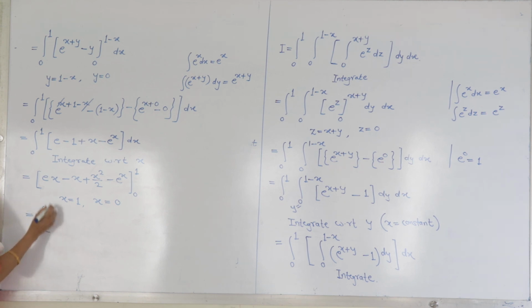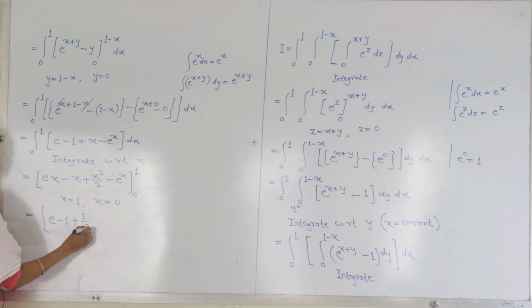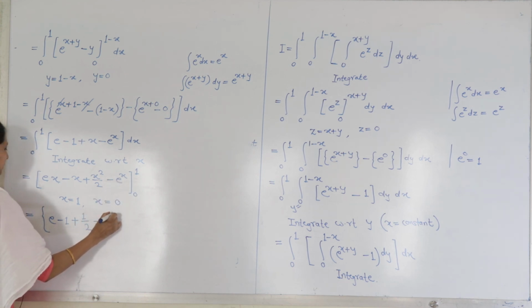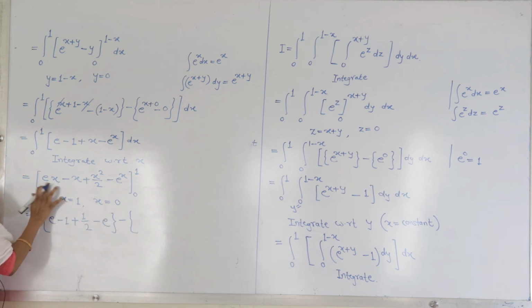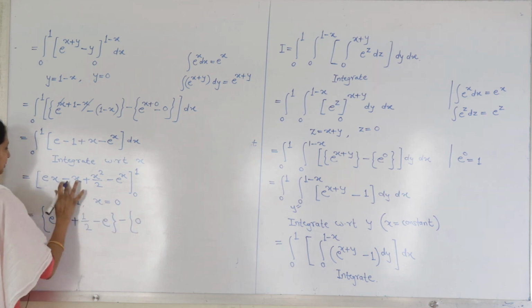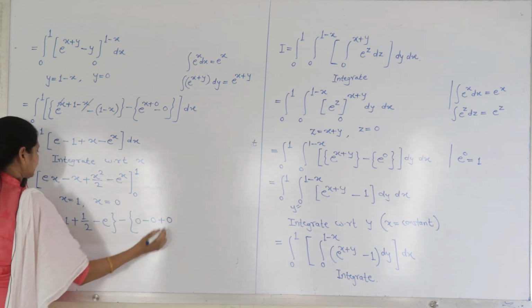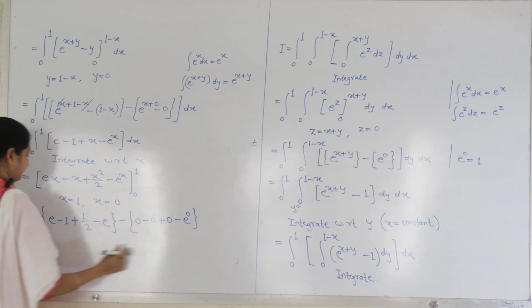For upper limit, x value is 1, this is e, minus 1, plus 1 square by 2, that is 1/2, minus e raised to x, but x is 1 means e raised to 1. Minus lower limit, x is equal to 0: e into 0 is 0, minus x is 0, x square by 2 is 0, minus e raised to 0.